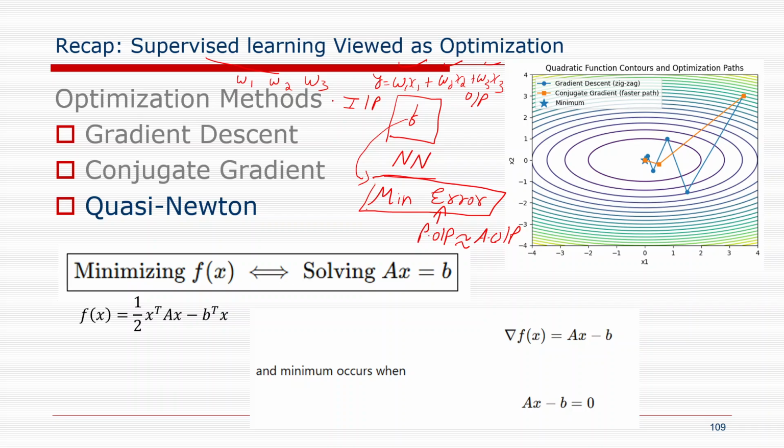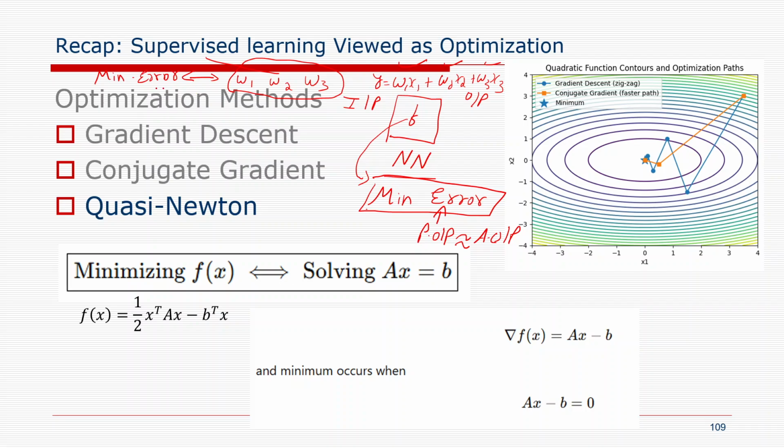Now, when we started with some values and we have to find optimal values, then we need some optimization methods which will guide us on how we can update these weight values. We should update these weight values in such a way that our objective of minimizing the error is achieved.